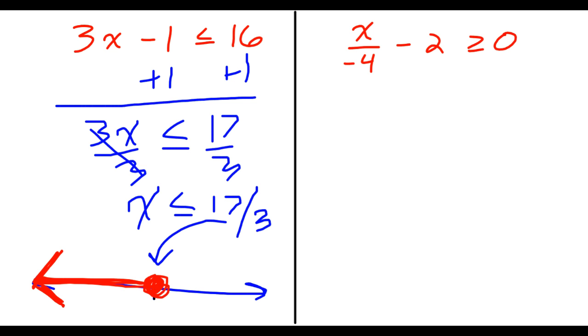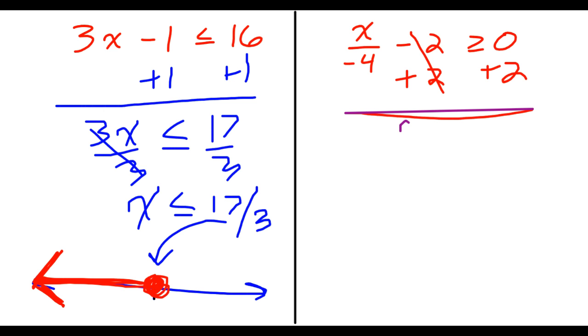For the one on the right, we're going to add 2 to both sides to start off with. That gives us x over negative 4 is greater than or equal to 2. Then we're going to multiply both sides by negative 4.